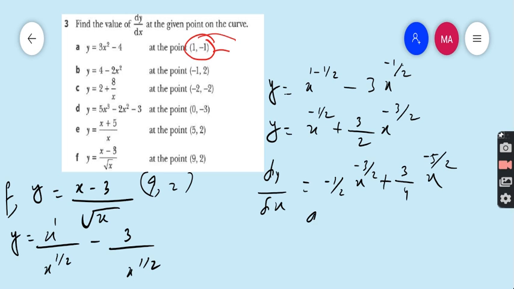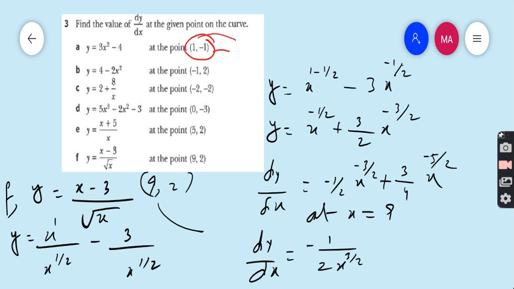Now at x equals 9. So dy by dx is equal to minus 1 upon 2. This x becomes positive, plus 3 upon 4. This x becomes positive.